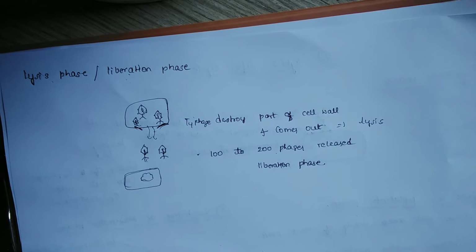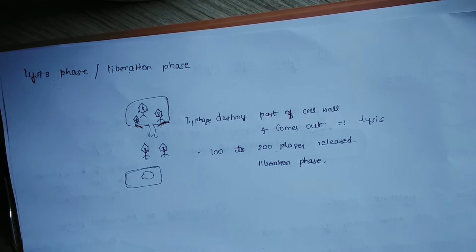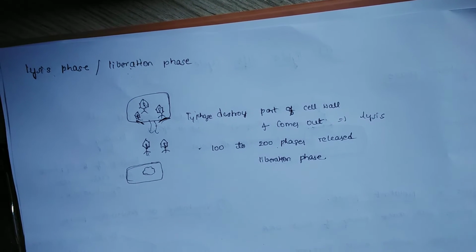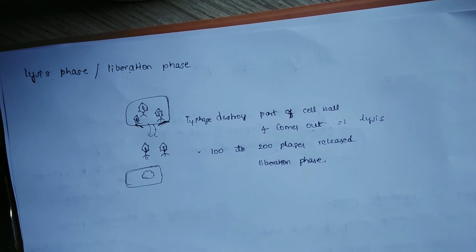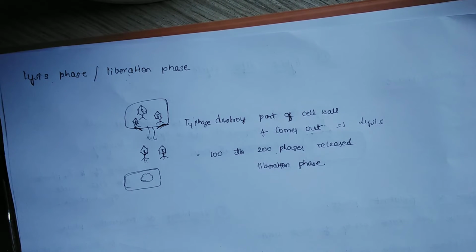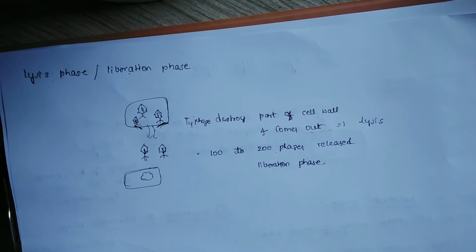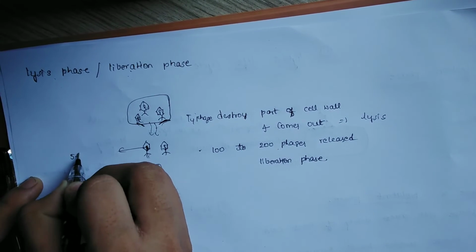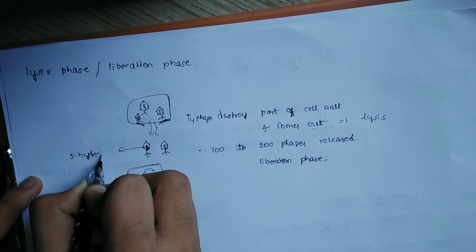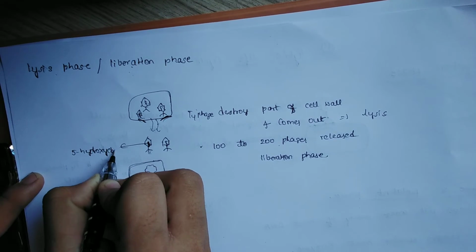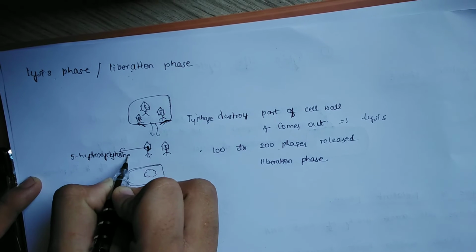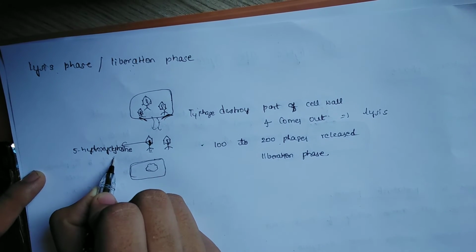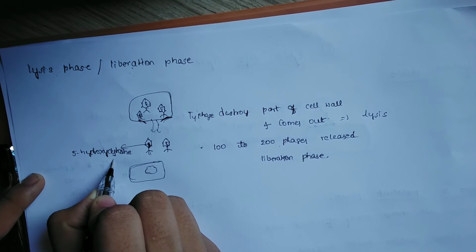Lysozymes are present in the tail of some bacteriophages, and phage DNA will not be destroyed by the nuclease, because phage DNA contains 5-hydroxycytosine. Because of this, the DNA will not be destroyed by the nuclease.